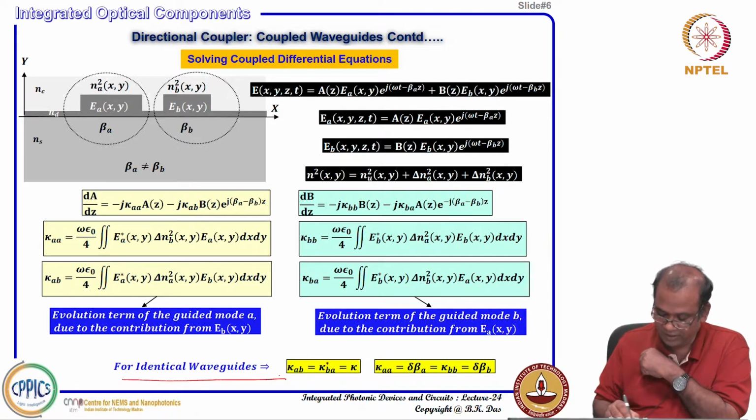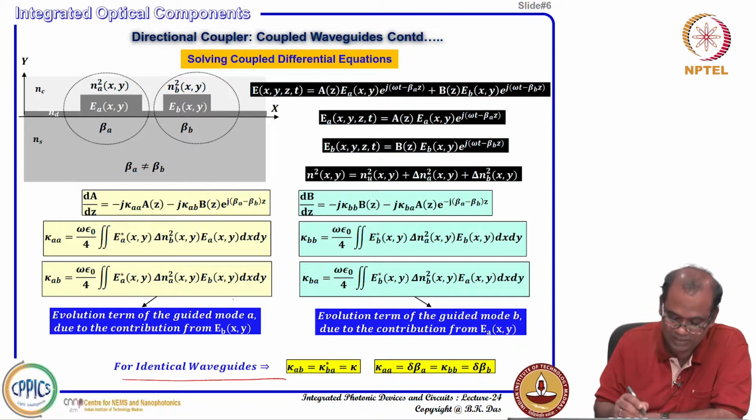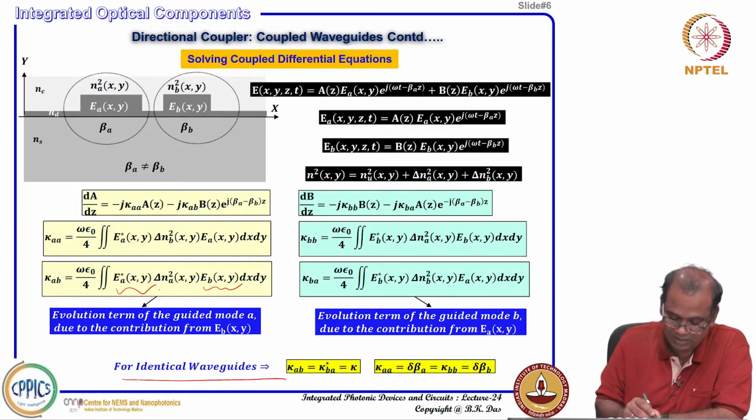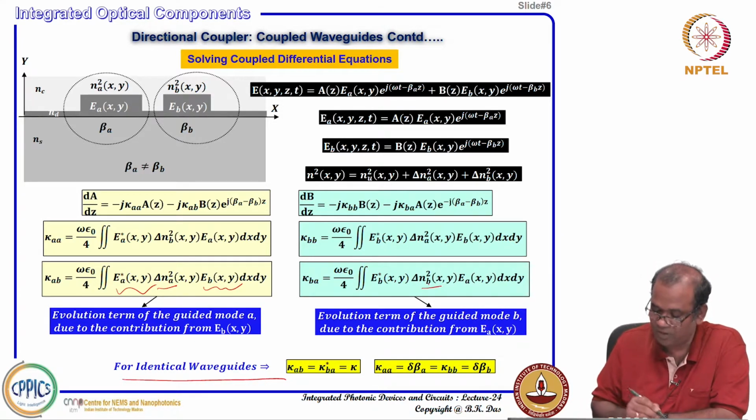Normally, for identical waveguides, the field distributions EB and EA star will be identical, and delta NA square and delta NB square will be identical. The only thing to see is that EA star and EB star are changed. So, normally kappa AB will be equal to kappa BA star, and that can be considered as kappa. So, for identical waveguides, compare these two things.